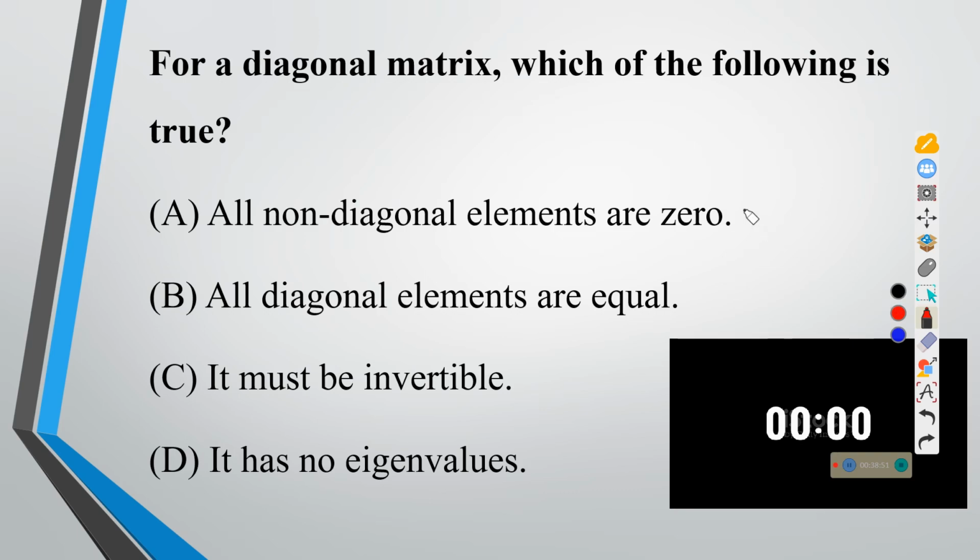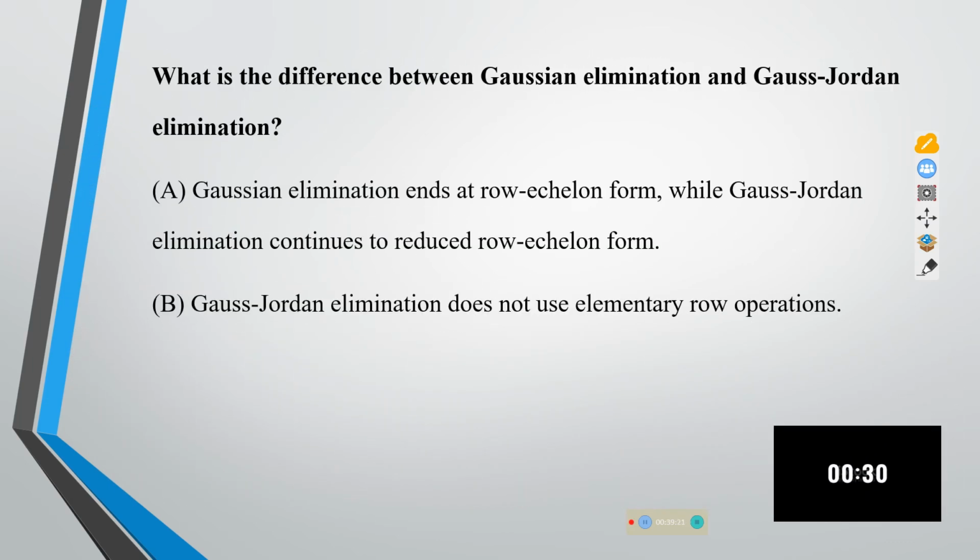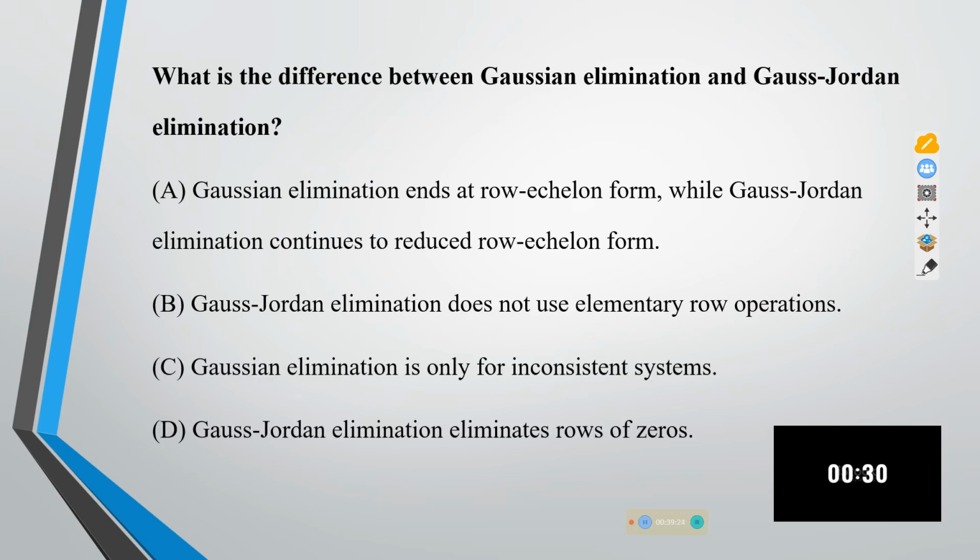This is true. All diagonal elements are equal, no. It must be invertible, no. It has no eigen, no. So basically, for a diagonal matrix, all non-diagonal elements must be 0. That is the most important point when you are looking at a diagonal matrix. Looking at the next question, you have your 30 seconds to look at that.